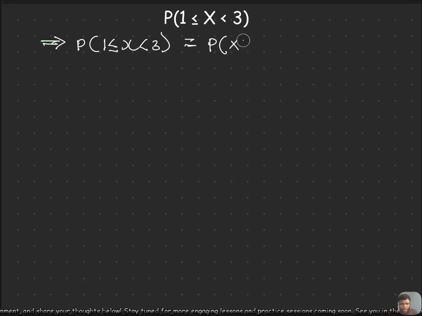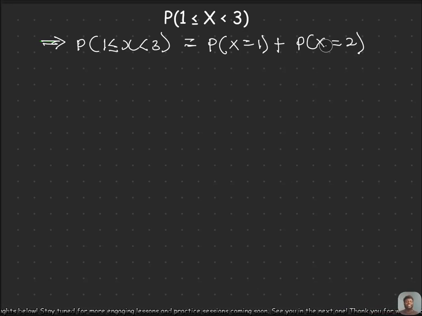So the probability distribution of our x being equal to 1 plus greater than 1. So we have the probability distribution over x being equal to 2, but it doesn't include 3 because the condition says it should be less than 3. You see, so this then means we have to solve for the probability distribution for the random variable x equals 1.